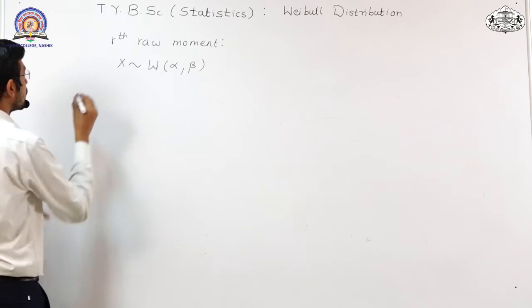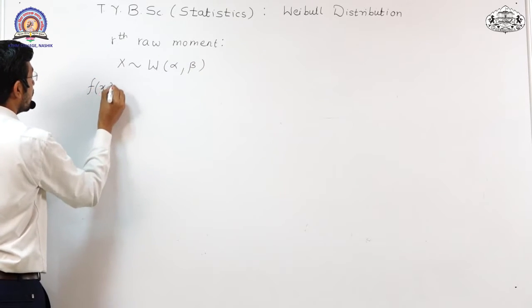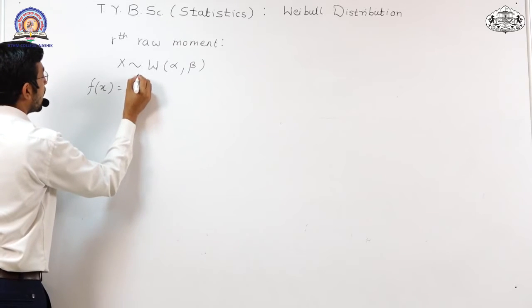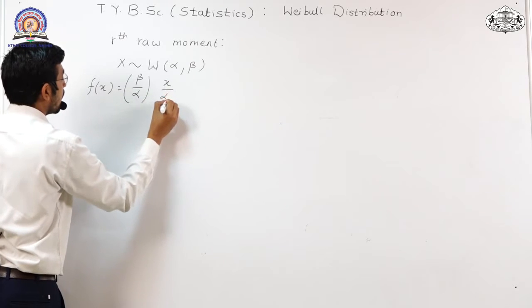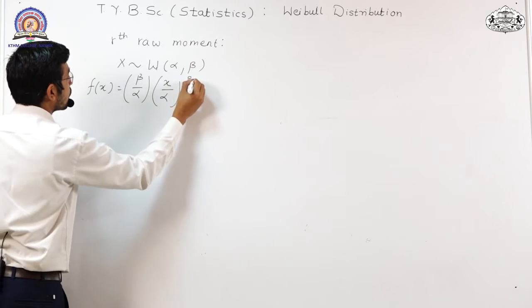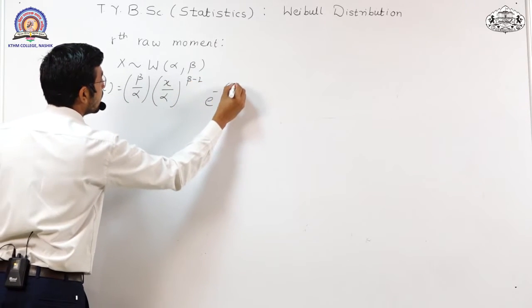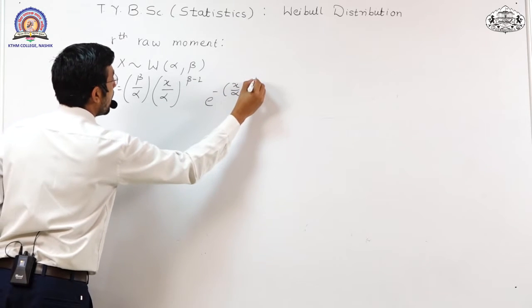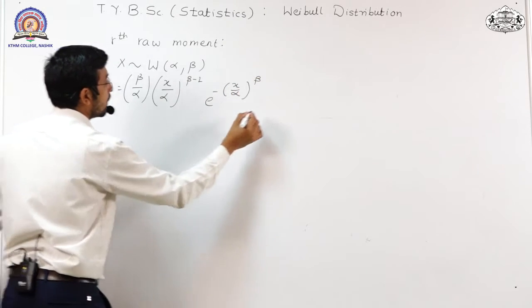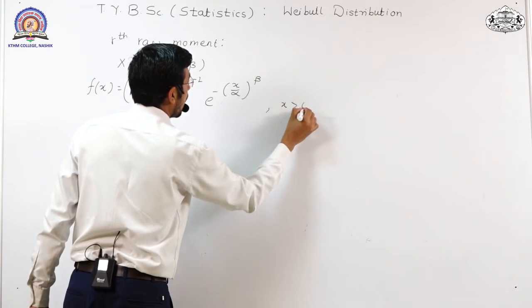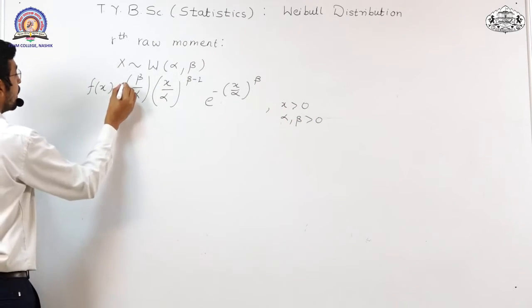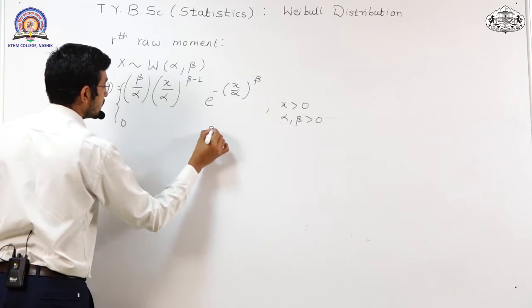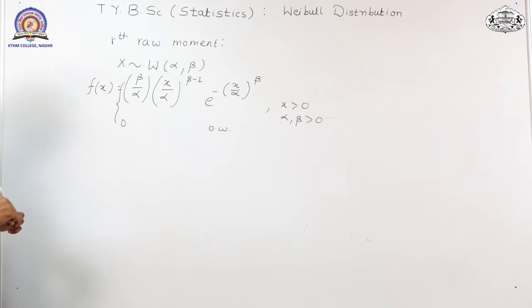So the density function of this is f of x is equal to beta upon alpha, x upon alpha raised to beta minus 1, e raised to minus x upon alpha raised to beta, where x is positive and parameters alpha and beta should be positive, and 0 otherwise. This is the density function of the Weibull distribution with parameters alpha and beta.